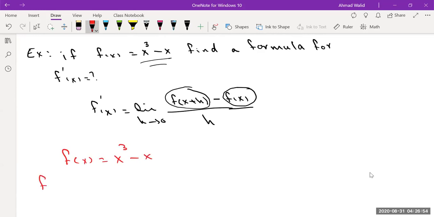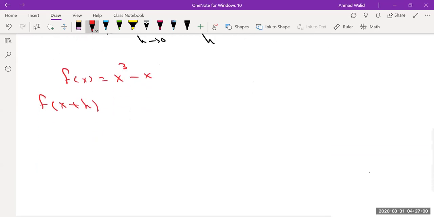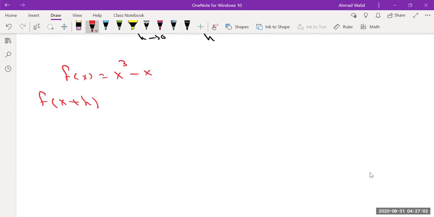Now we are looking for the f of x plus h in this function. Then I can write f of x plus h equals x plus h to the power of 3 minus, replace again x with what? x plus h.